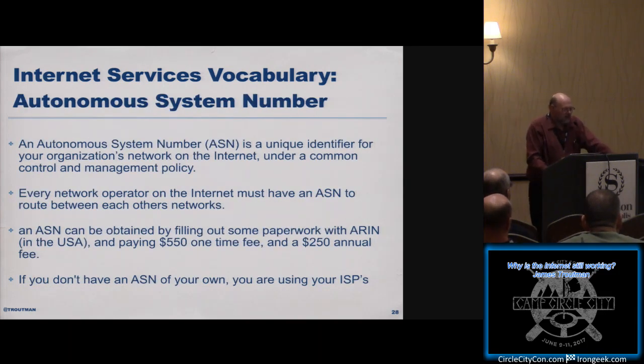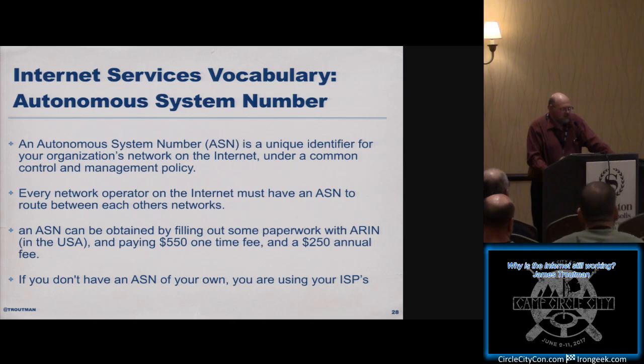So if you're going to be on the internet, and you're going to be routing on the internet, you need an autonomous system number, which is essentially just a unique identifier for your organization on the internet under a common control and management policy. Every network operator has to have an ASN. Now, a lot of folks don't have an ASN.